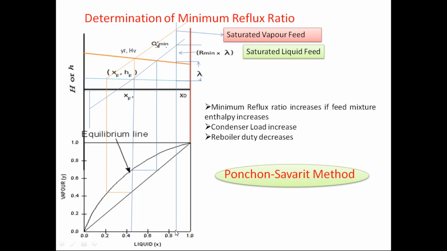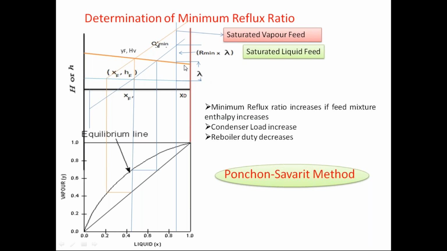Therefore, for a fixed condition, if you want more product concentration, that means the lambda XD value comes this side, towards one. When it comes towards one, you can see that the lambda value is decreasing.